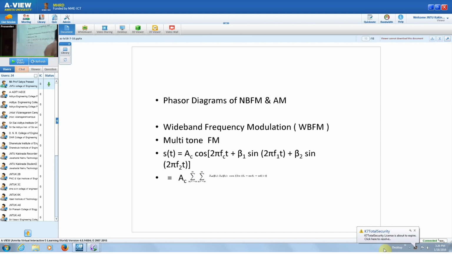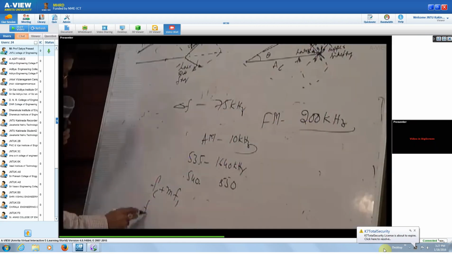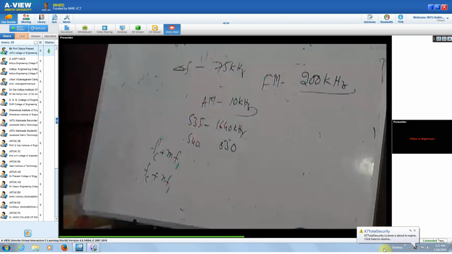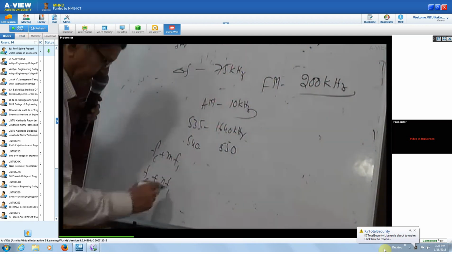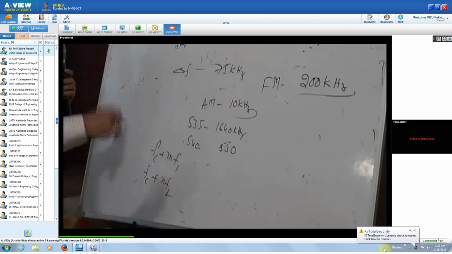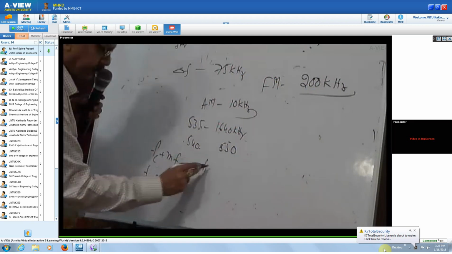Therefore, here in the output we are going to get Fc plus MF1, Fc plus NF1 and cross product NF2, and cross product of these two F1 and F2.